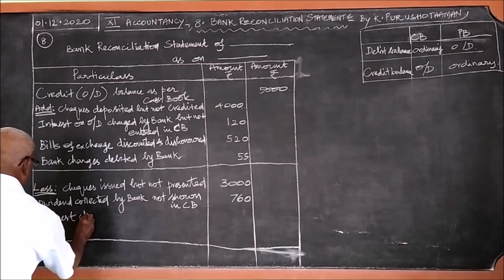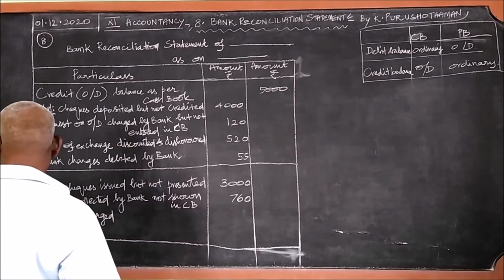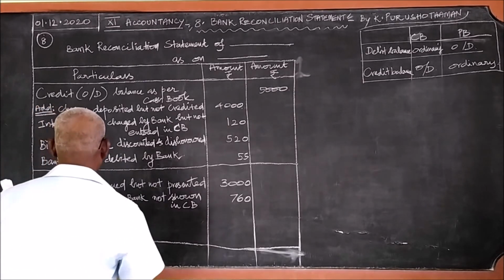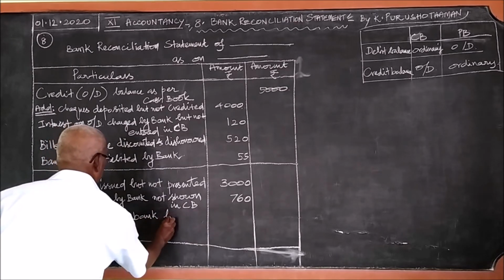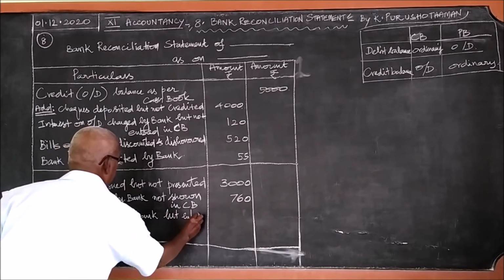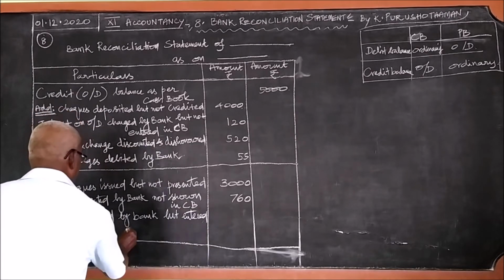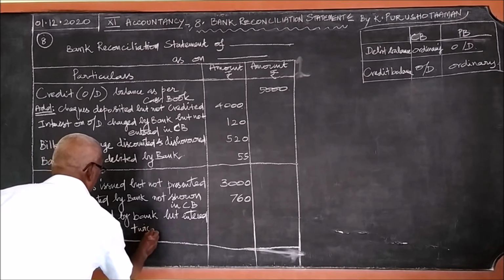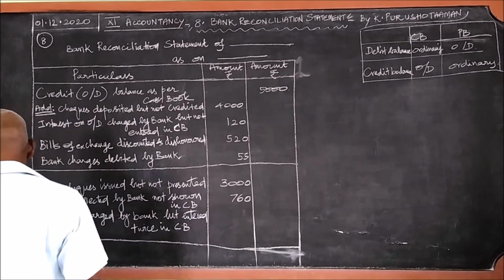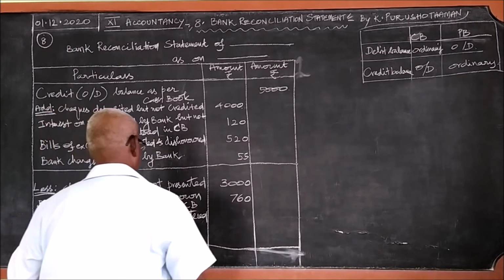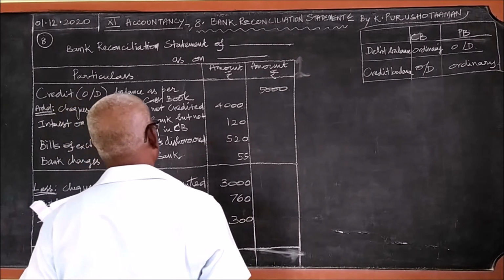Interest charged by bank but entered twice in the cash book. 300.